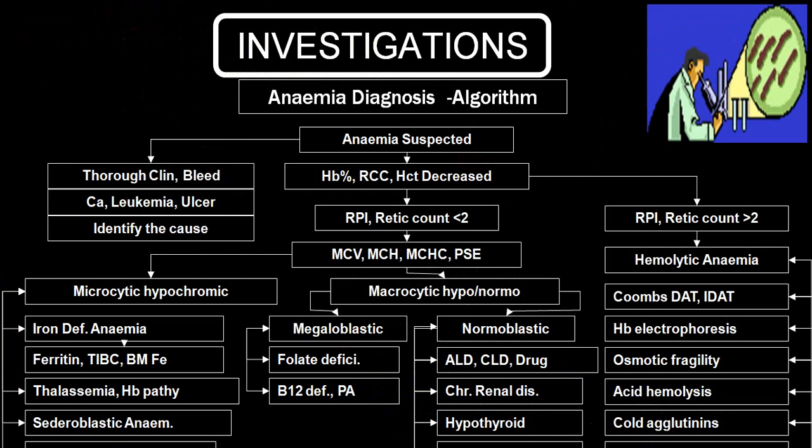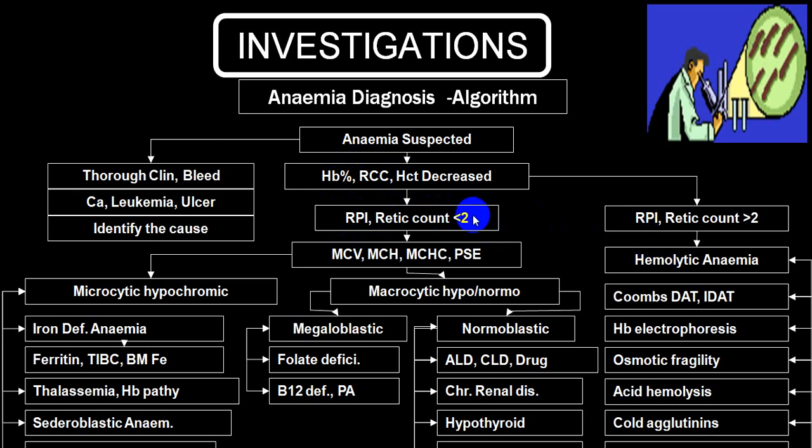Any person who comes to you with anemia, always look for confirmation by low hemoglobin, low hematocrit, and look at MCV and retic count. If retic count is more than 2, it usually favors a hemolytic anemia.